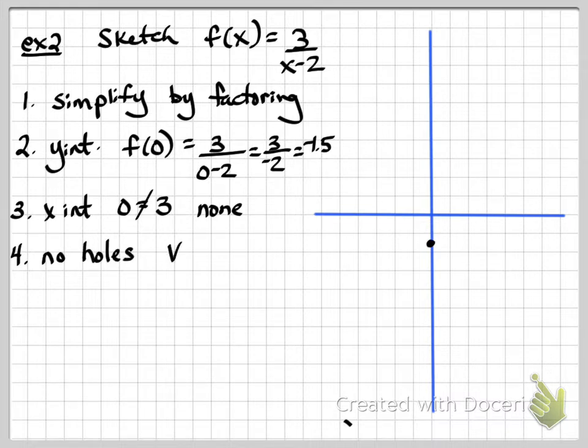Setting the denominator equal to 0, we have a vertical asymptote at x equals 2. Go to 2 on the x-axis and draw a dashed line all the way through your graph.